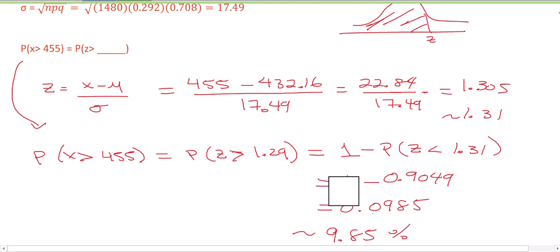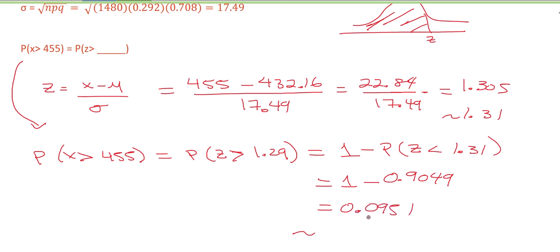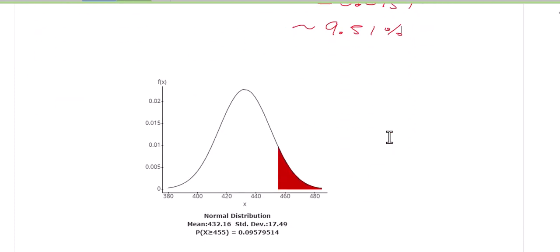And so when we do 1 minus that, what do we get? It gives us 0.0951. So converting it to a percent is 9.51%.